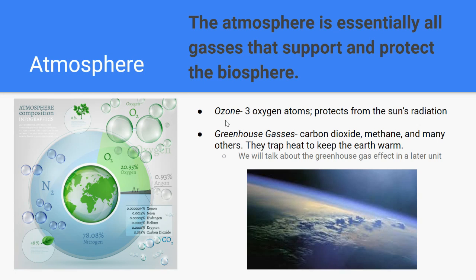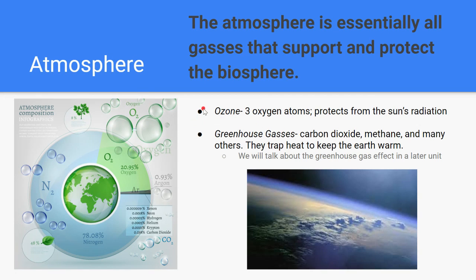The sun is very radioactive, and if we didn't have the atmosphere, A, we wouldn't be able to breathe, B, there would be nothing that would really help us stick to the earth, and C, we would all die of radiation poisoning if we didn't have something to protect us from those sun's rays. So ozone deflects some of that radiation back into the atmosphere.